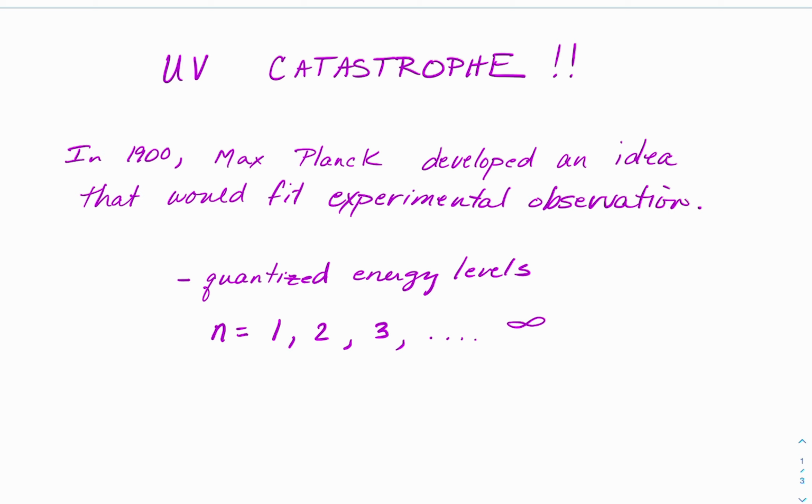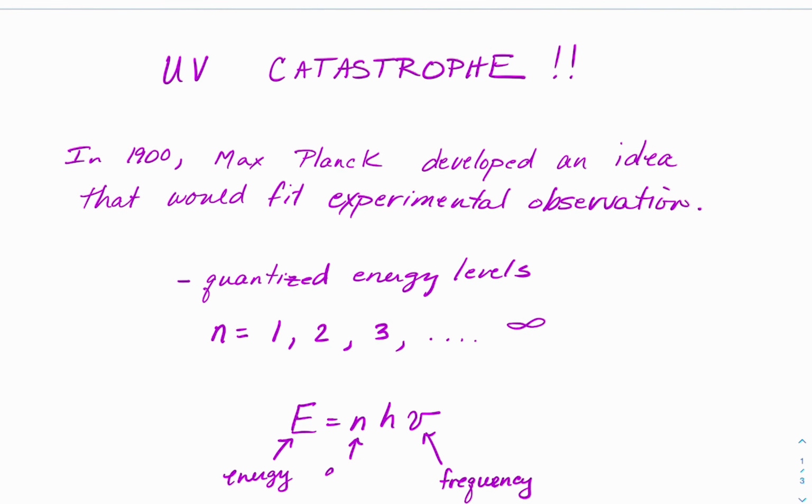This is what the equation looks like: E equals nhν, where E is the energy of that particular wavelength, ν, again, is the frequency of that wavelength, and n is your quantized value, and it's going to be one of the values listed above.